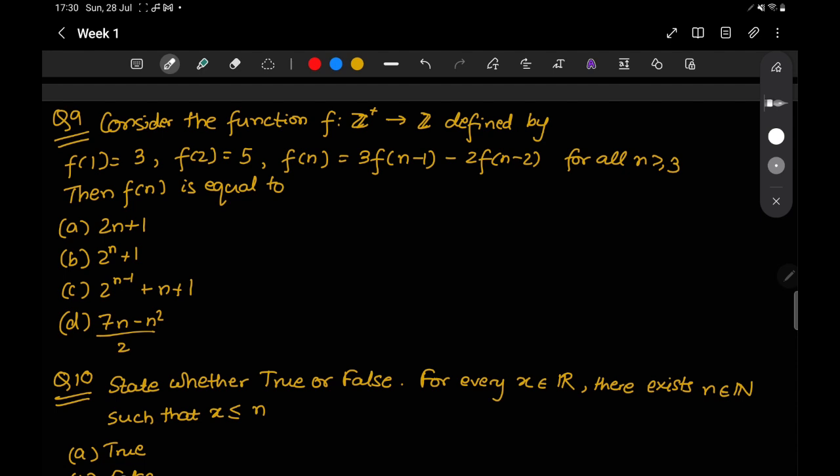Then f(n) is equal to, we need to select the form of the function f(n). Option A, 2n plus 1. Option B, 2 to the power n plus 1. Option C, 2 to the power n minus 1 plus n plus 1. Or option D, 7n minus n squared over 2. So please take about a minute or two to answer in the poll.